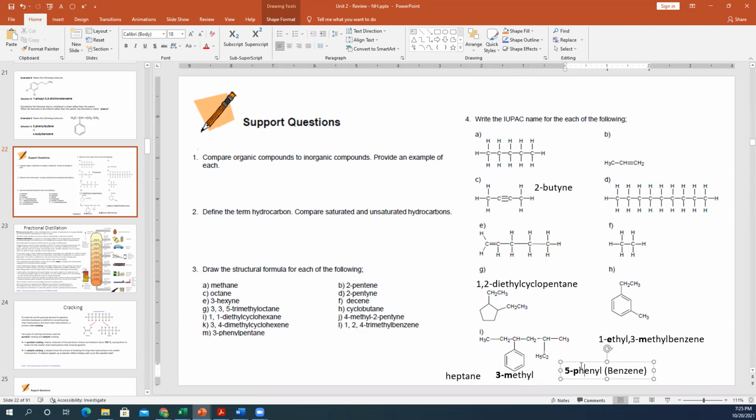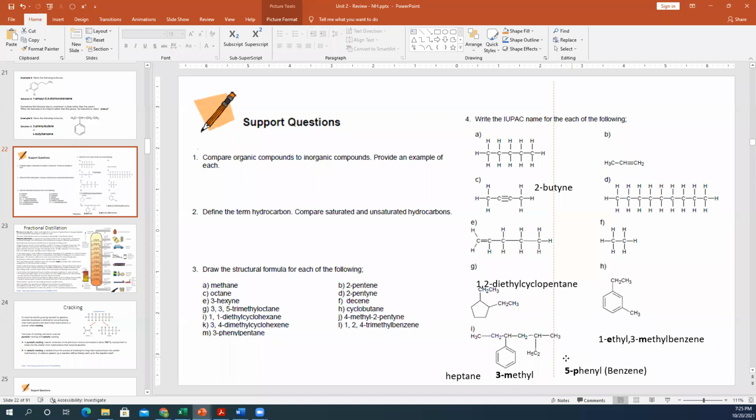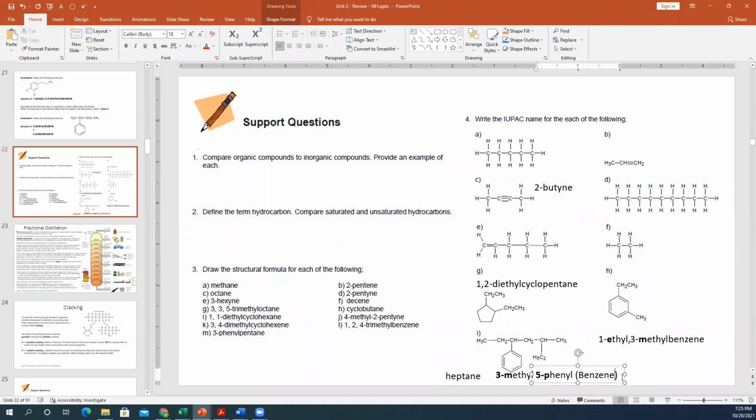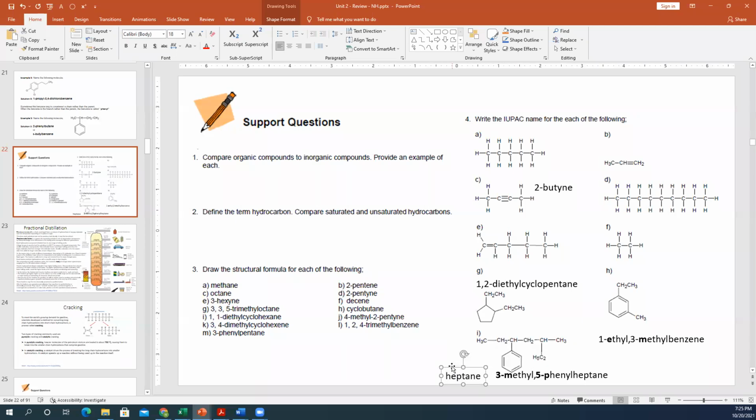Then we grab this one, methyl 5-phenyl. And we can delete this benzene part because we talked about it. And then we put our heptane in there. Boom. And guess what? Now we are done.